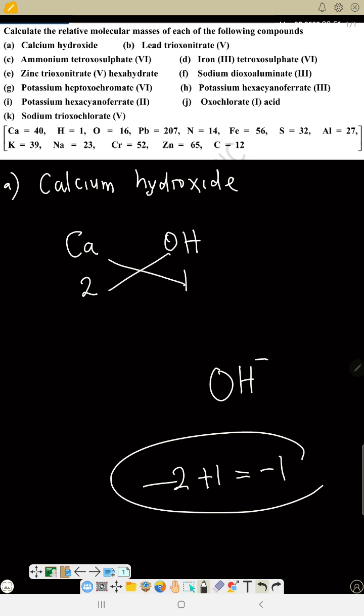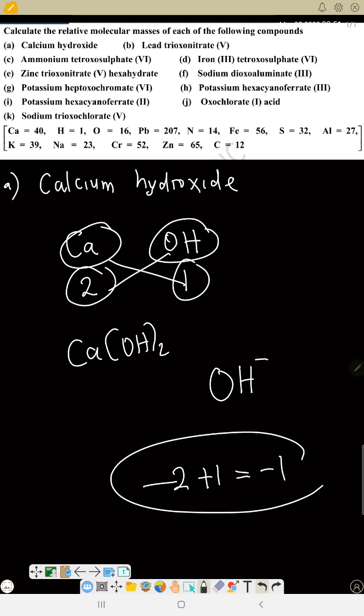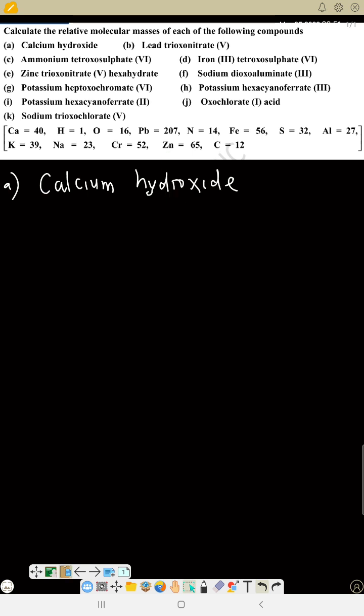So if you do your crisscross, it will be Ca(OH)2. So 2 goes to OH, 1 goes to calcium. You can't just write the way you pronounce it, so you use your crisscross. So that is calcium hydroxide, Ca(OH)2.